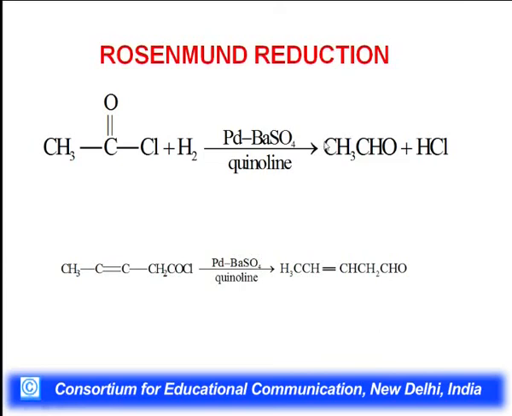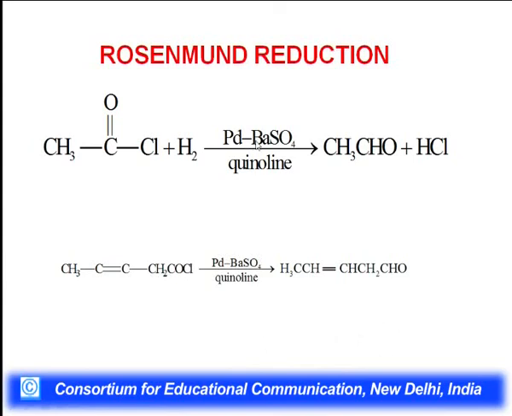Now the question arises: why does acetaldehyde not reduce further to an alcohol? The reason being, if you look into the structure of acetaldehyde, it has only 2 pairs of electrons on oxygen. So its bond formation with palladium is not very strong. This is the function of BaSO4.